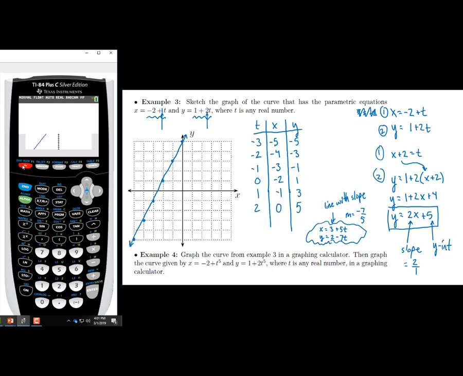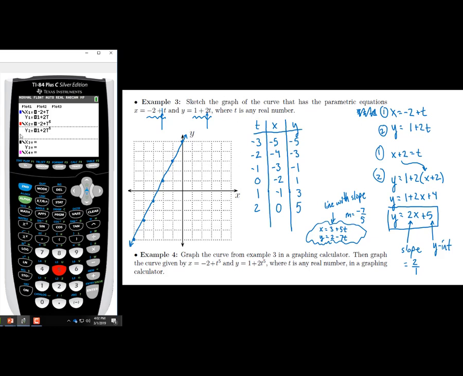So I'm going to go in the y equals menu, go down to the red graph, and type in -2 plus t raised to the 5th power, and then 1 plus 2t raised to the 5th power.